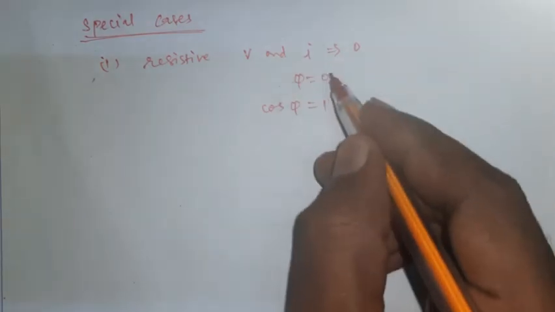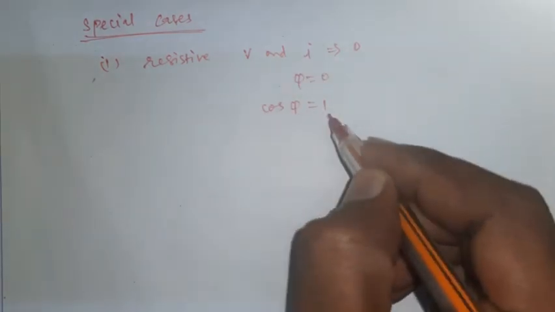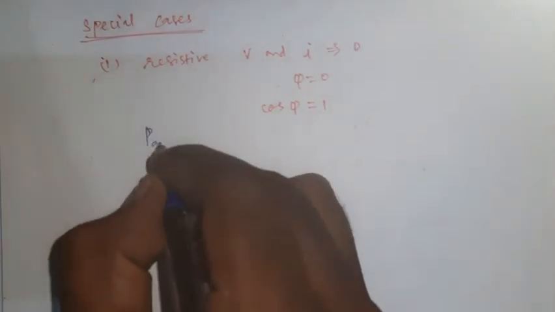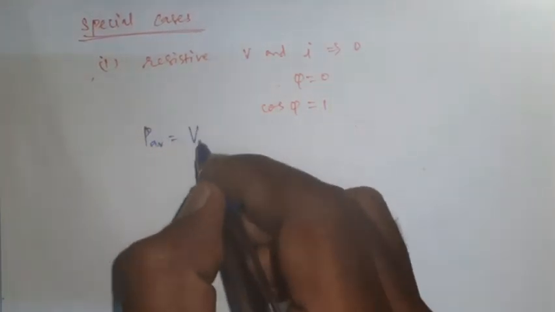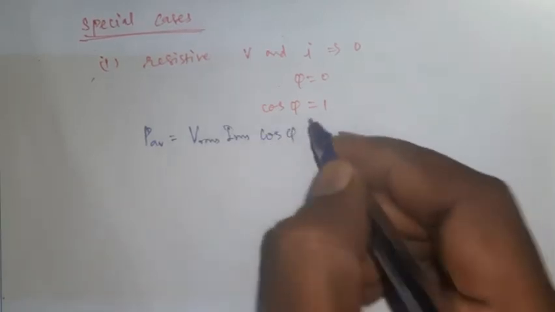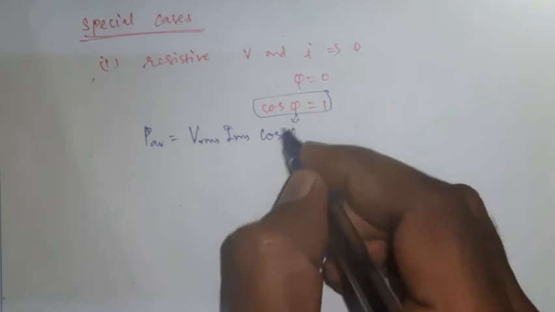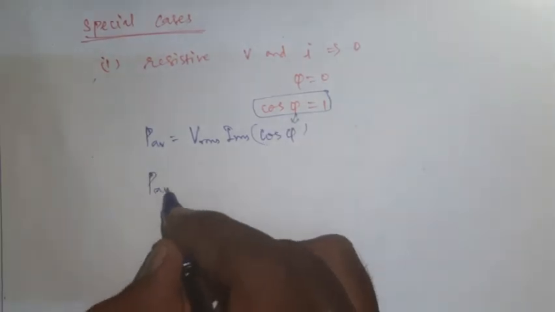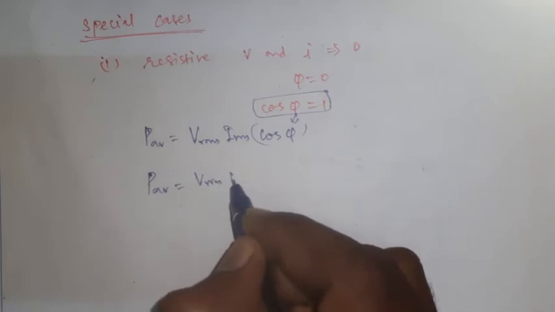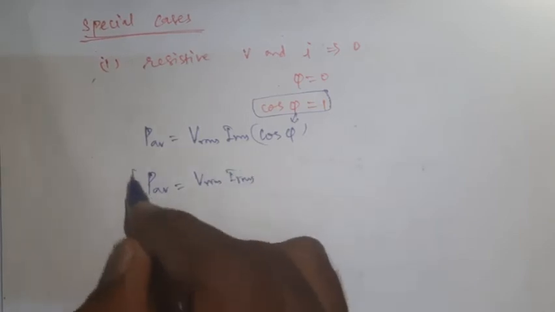If we substitute phi as 0, cos 0 is 1. In the average power formula PAV equals Vrms Irms cos phi, cos phi is 1, so the average power in a resistive circuit is Vrms into Irms.